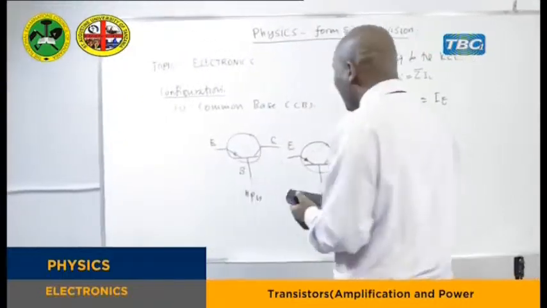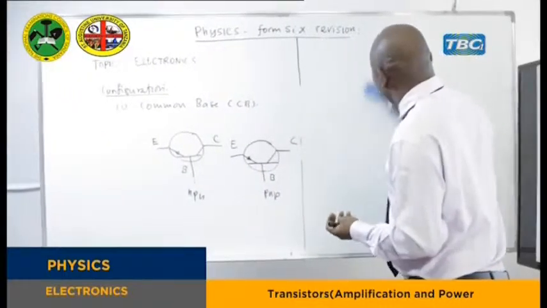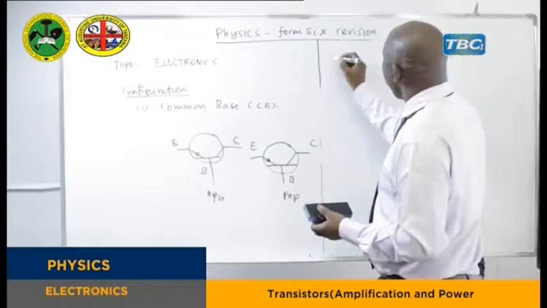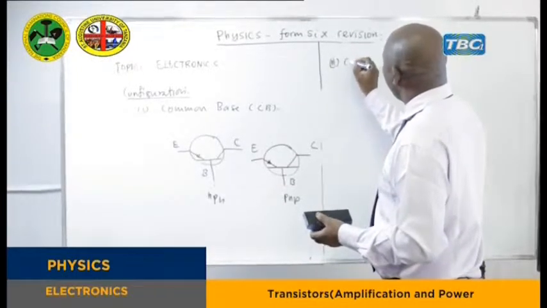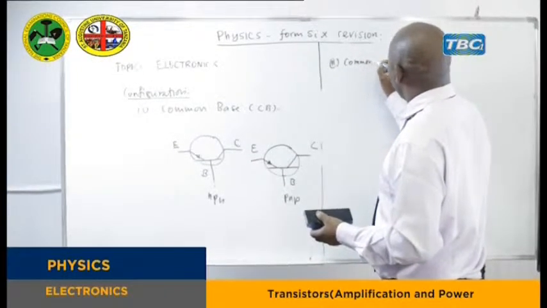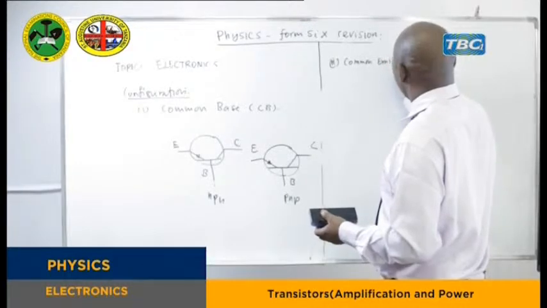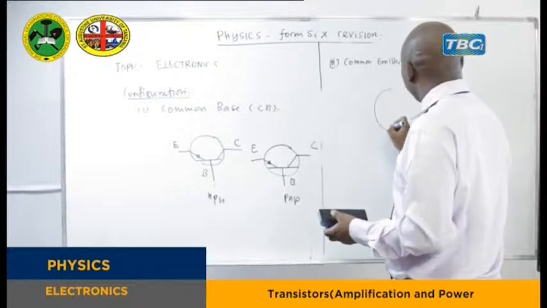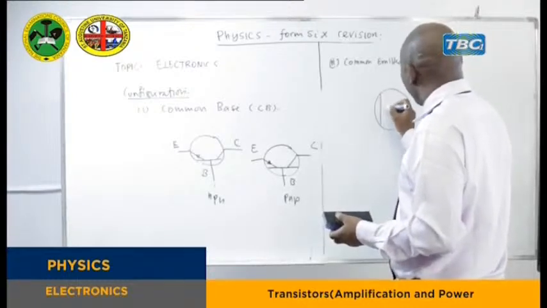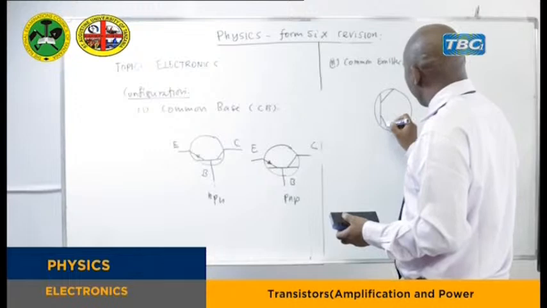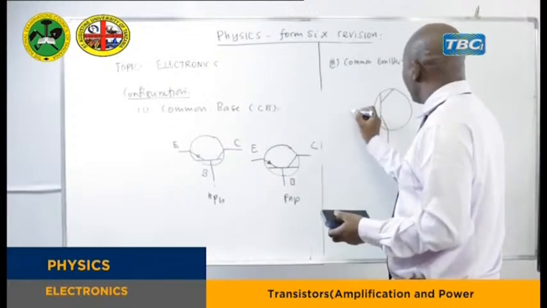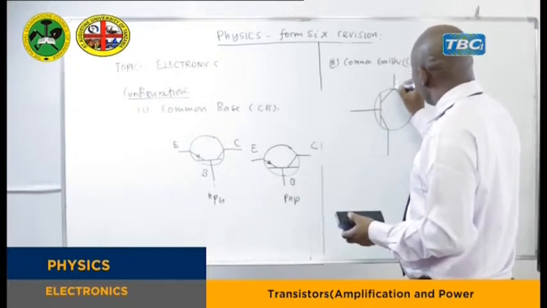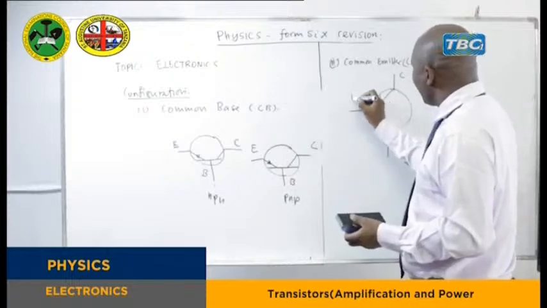The second mode is the common emitter, CE. We normally draw common emitter, so this time the emitter is supposed to be on the ground. This is our collector. This is our base.